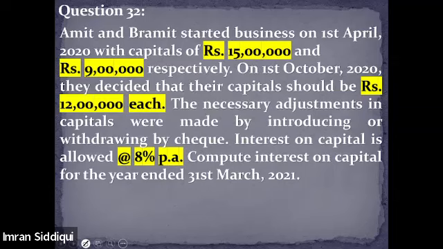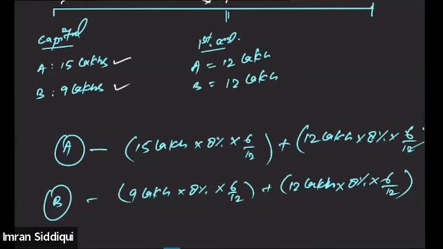So earlier, partner A was maintaining a capital balance of 15 lakh. Now he has to maintain a capital balance of 12 lakh. Similarly, Bramit, who was maintaining a capital balance of 9 lakh, will be maintaining a capital balance of 12 lakh as well. Got it? So this is important for us. Now, let me explain the entire thing one more time.